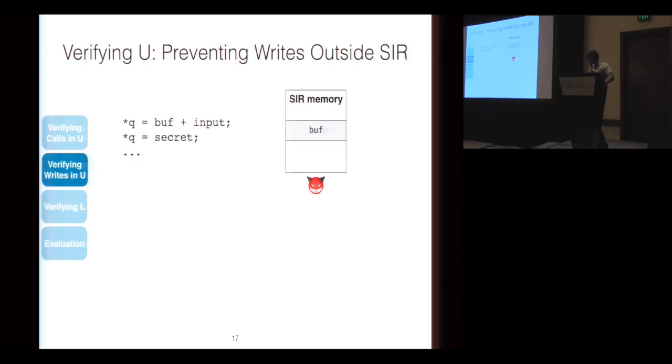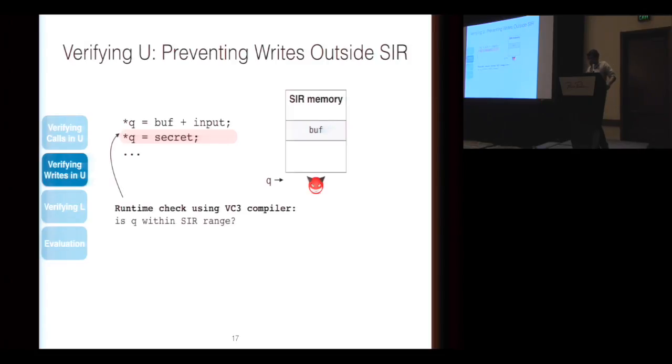Now the second property on user code is that it doesn't bypass the runtime library to write outside the SIR. We can illustrate that: a developer may write code such that the pointer now points past the SIR memory onto untrusted memory. It tries to write out a secret, and the adversary gets to view that.